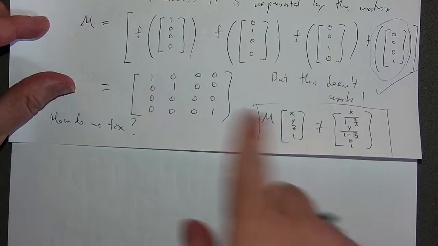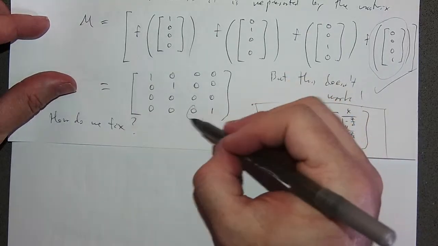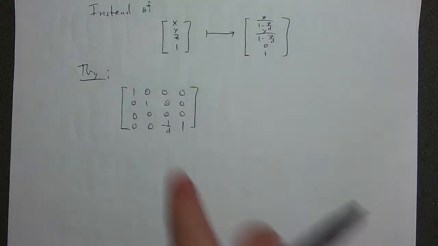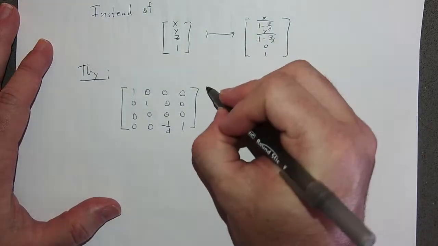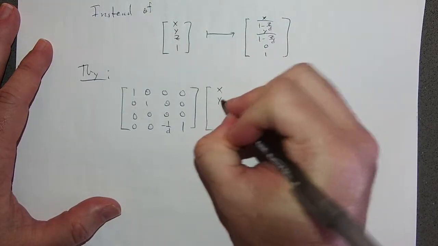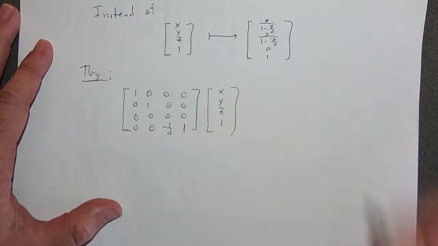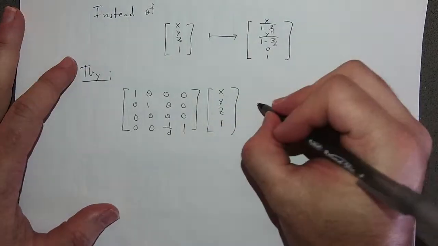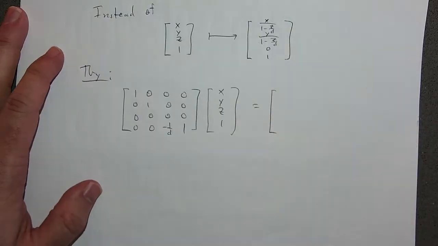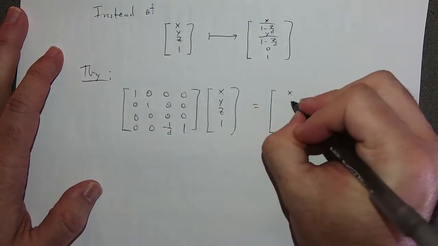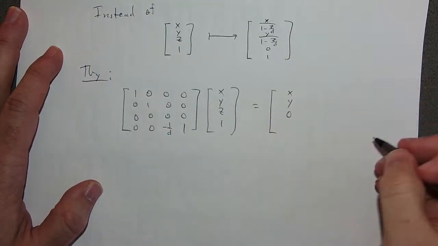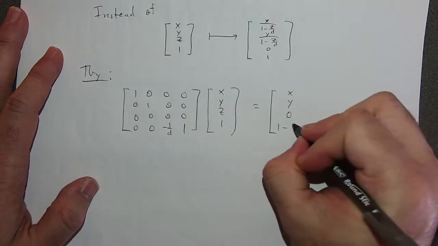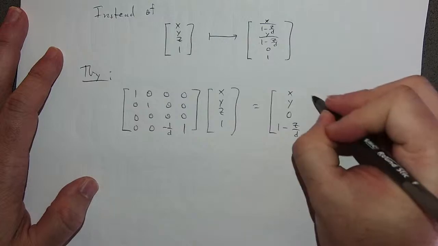I said, if this thing is going to be linear, it has to be this. I basically took this m and I changed this, but what is this going to do? If I multiply my generic point by this thing, what do I get? I get x, y, 0, and then lastly I get 1 minus z over d.